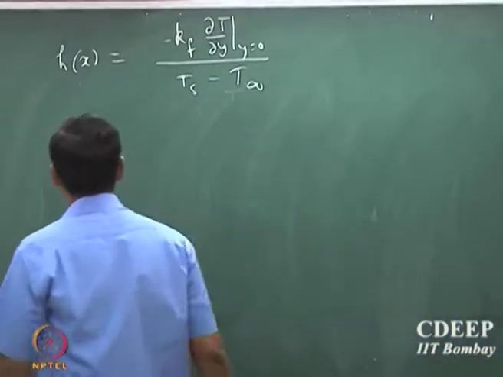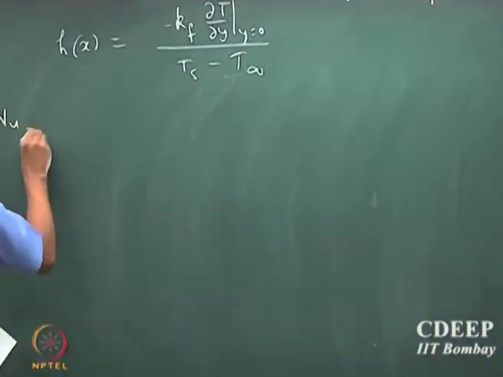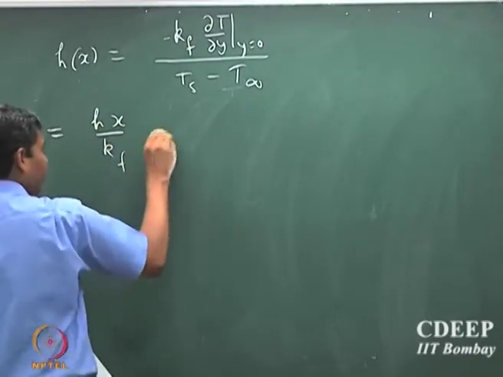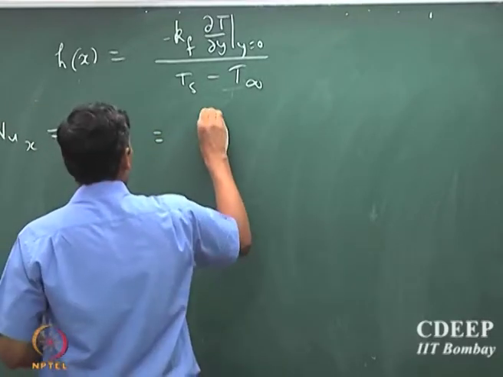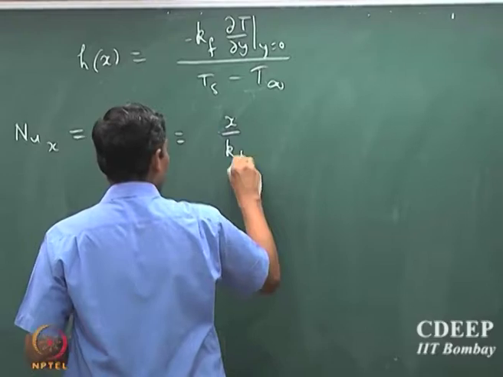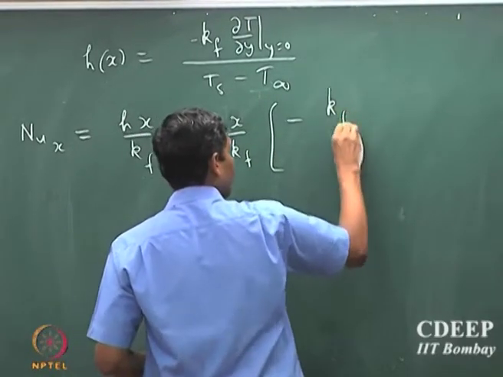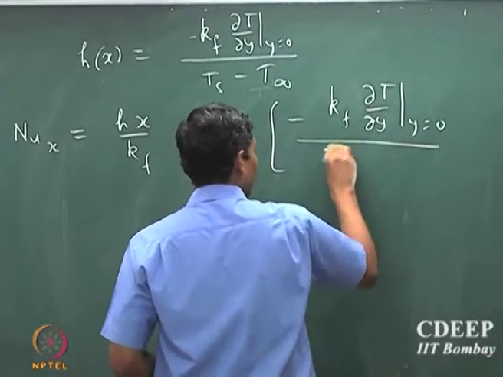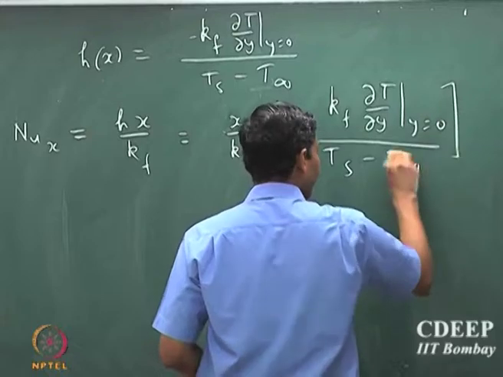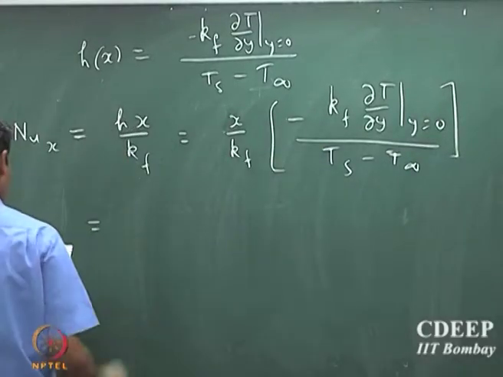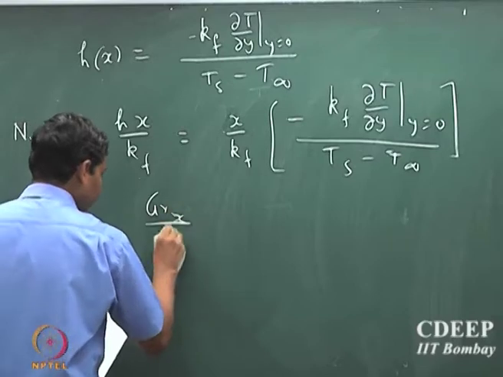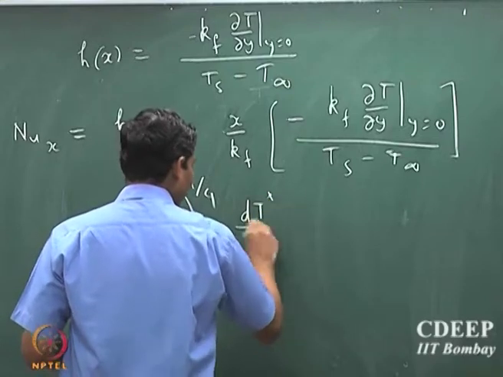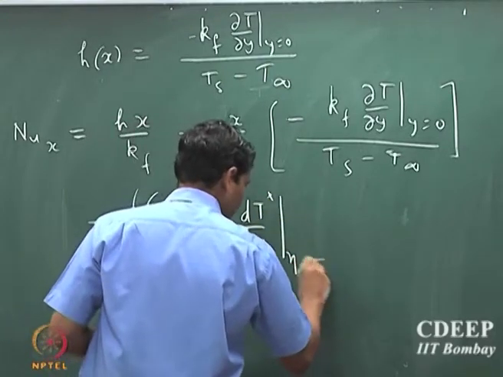Using this definition, we can define the local Nusselt number as x by kf into minus dT by dy divided by Ts minus T infinity. In terms of the dimensionless quantities, this will turn out to be Grashof number by 4 to the power of 1 by 4 times dt star by d eta at eta equal to 0.